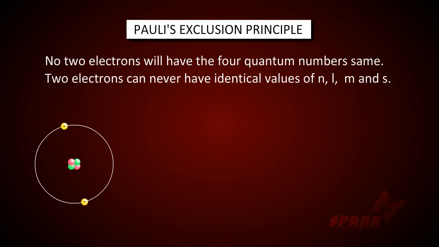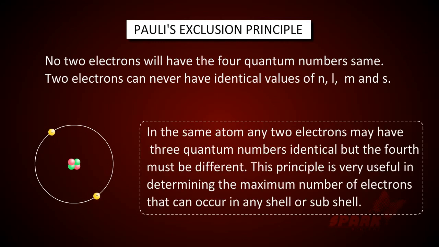Thus, in the same atom, any two electrons may have three quantum numbers identical, but the fourth must be different. This principle is very useful in determining the maximum number of electrons that can occur in any shell or subshell.